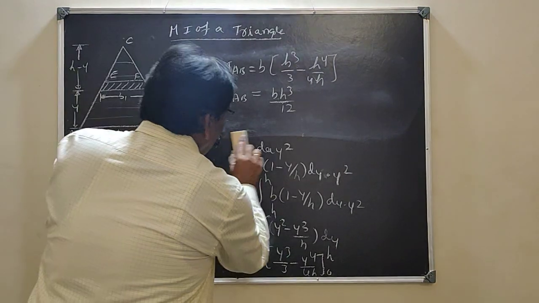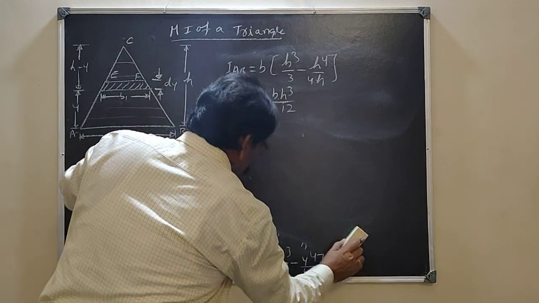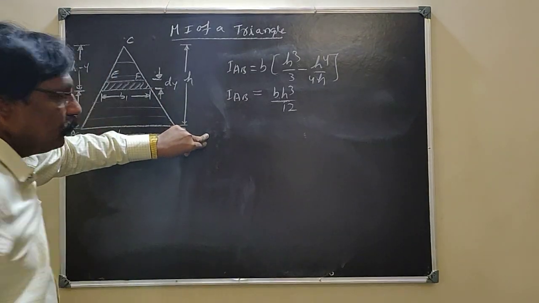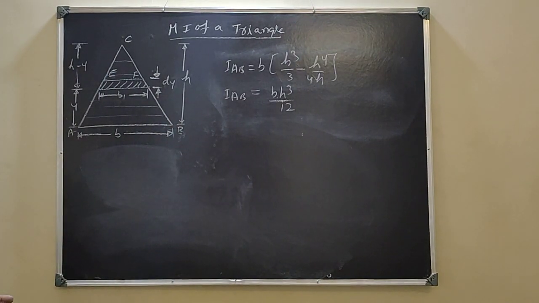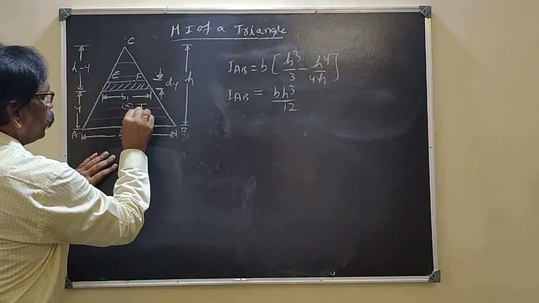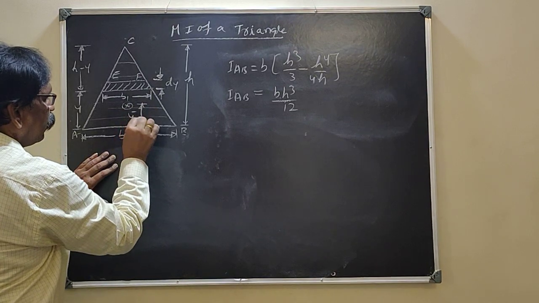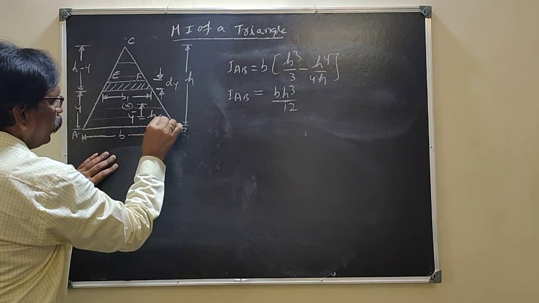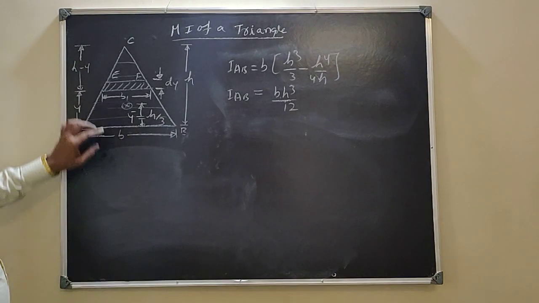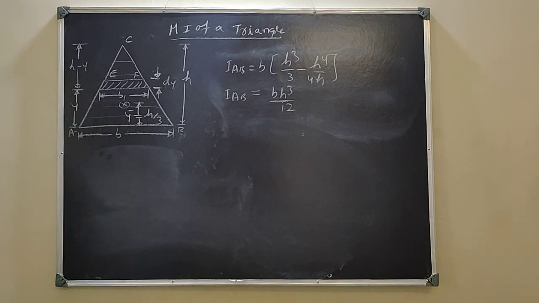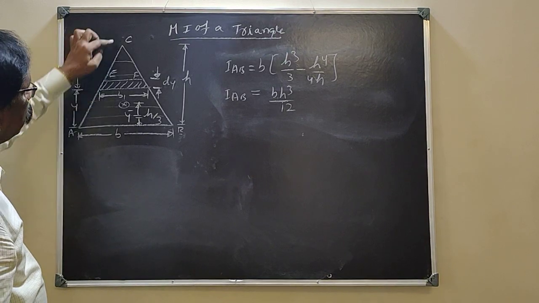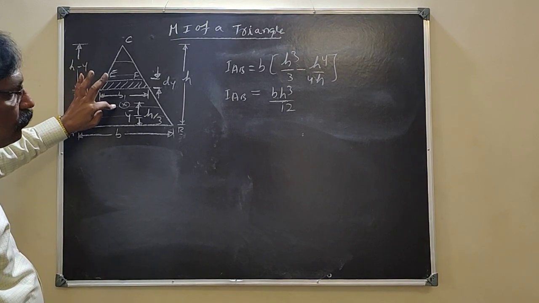Now we know that the center of gravity of the triangle is at a distance, that is y bar, equal to h by 3, because already we have derived that the center of gravity of a triangle lies at a distance of h by 3 from the base and 2/3 of its height from the vertex.